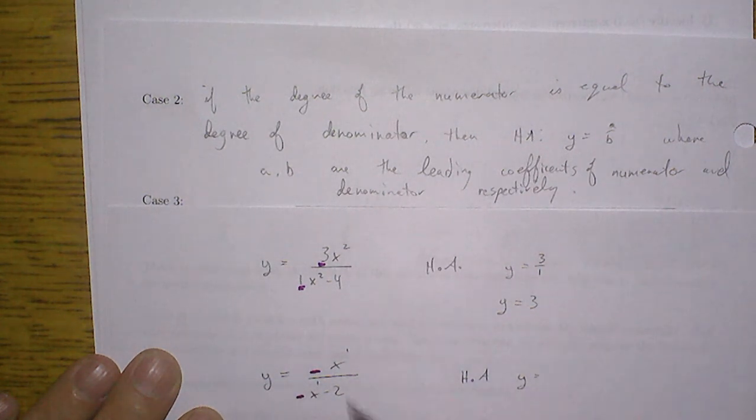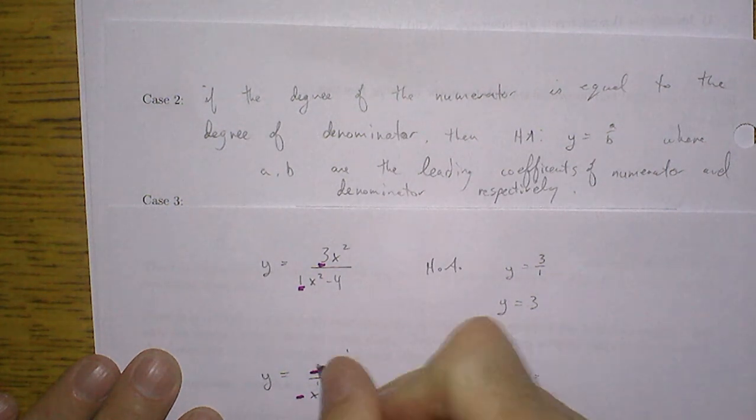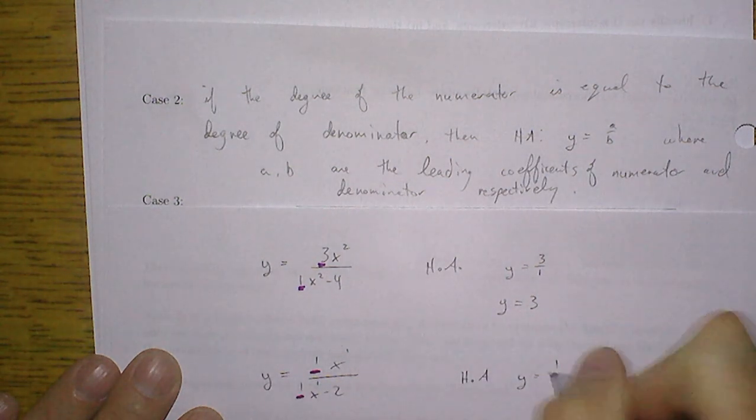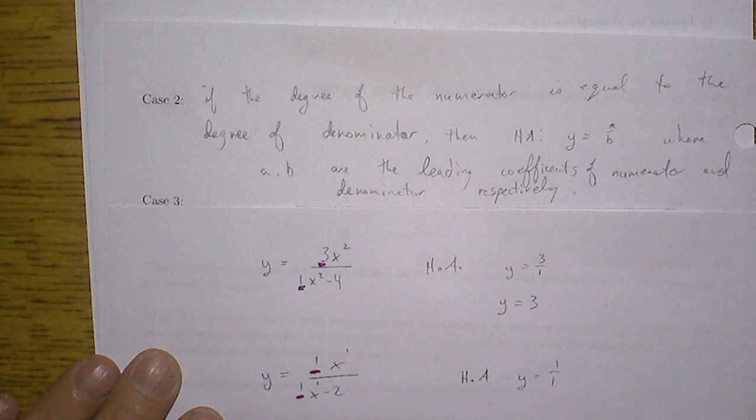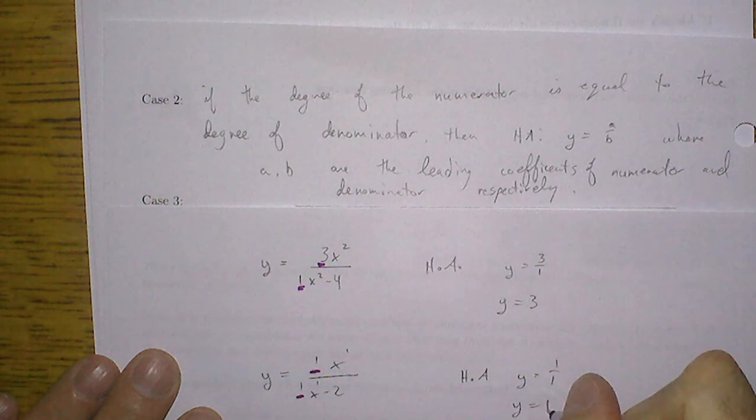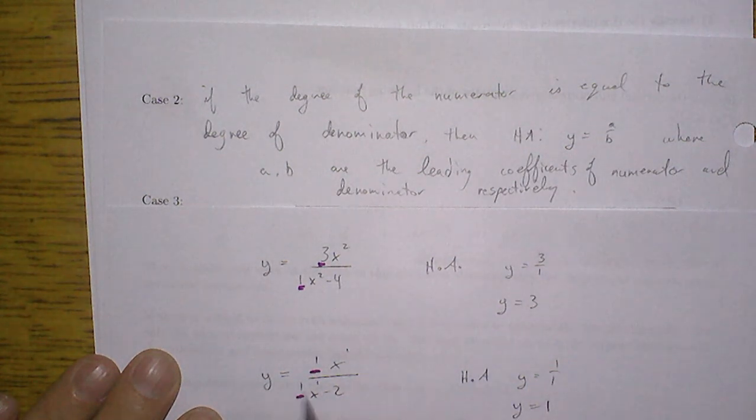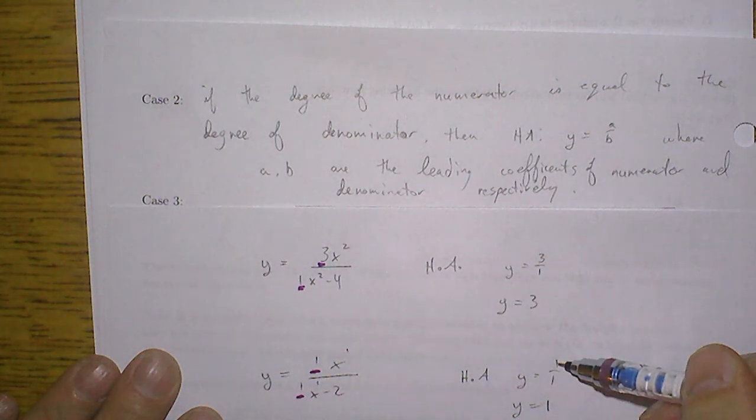Y is equal to the coefficient of the numerator, whatever that number is, over the leading coefficient of the denominator. So here it's 1 and 1, so it'd just be 1 over 1, or y is equal to 1. If you change that to 4, then this would be 4 over 1.